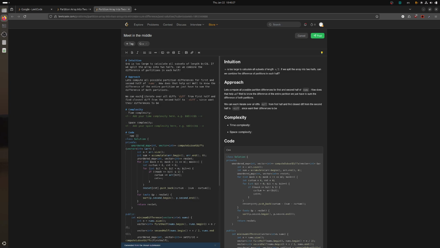We can achieve that by iterating over and finding the closest diff from the second half, since we want their sum to be as close to 0 as possible.